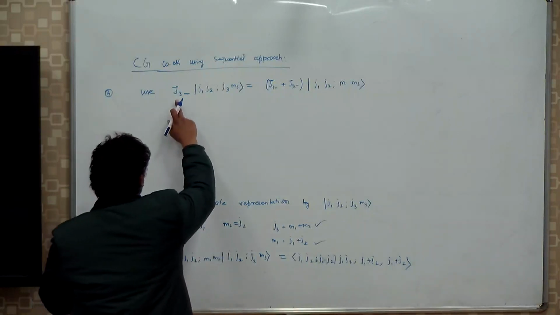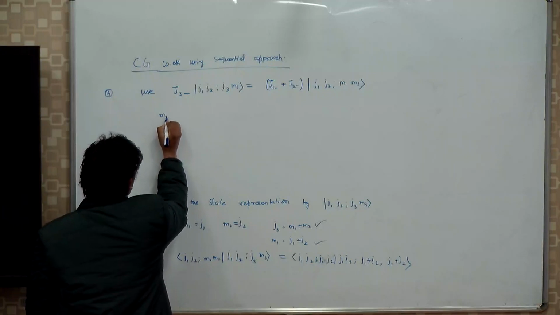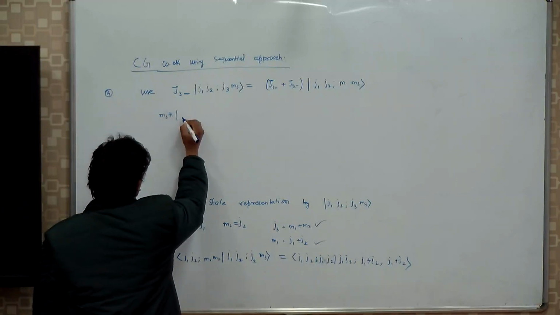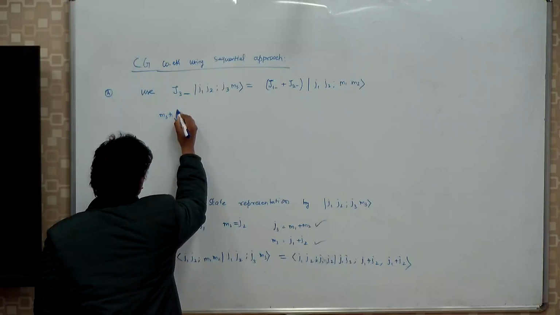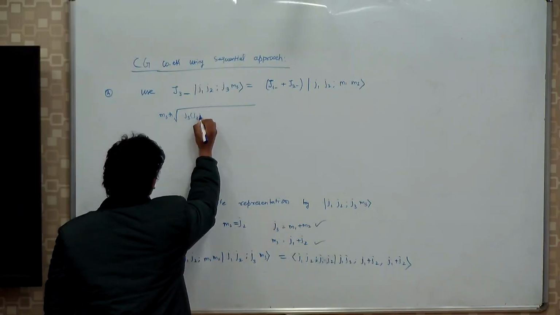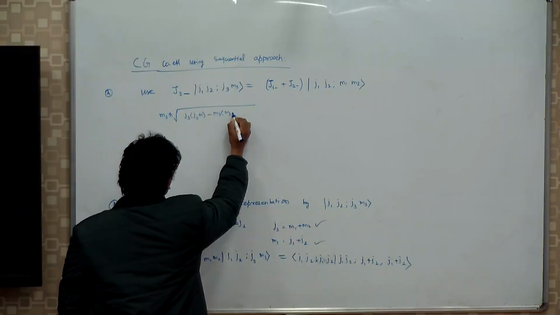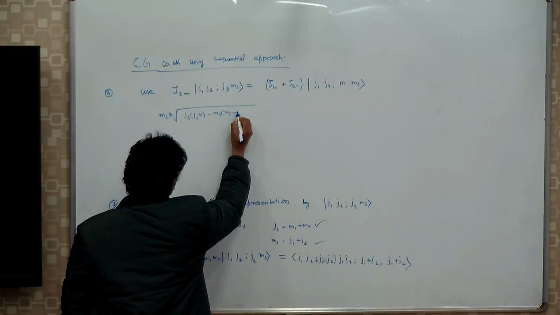So J3 minus acting on this state, we will get h cross times the square root of j3 of j3 plus 1 minus m3 of m3 minus 1.